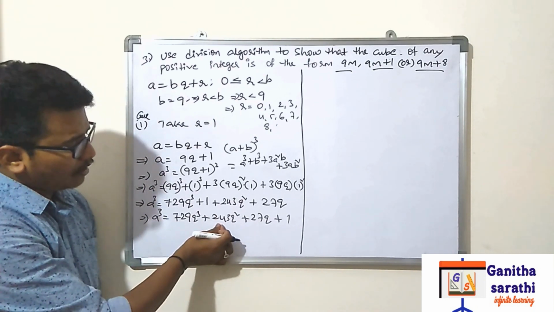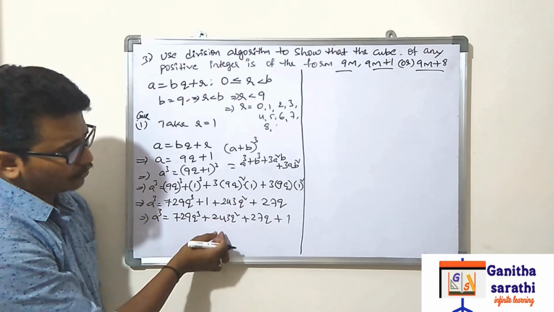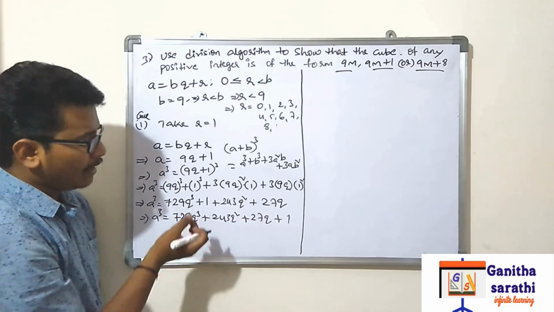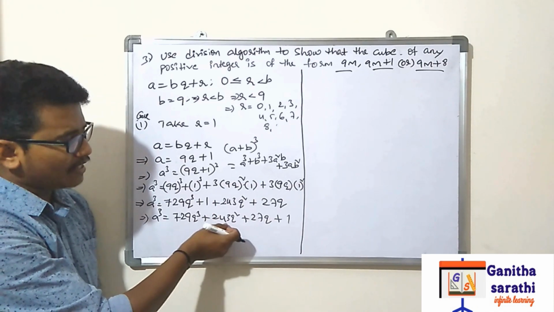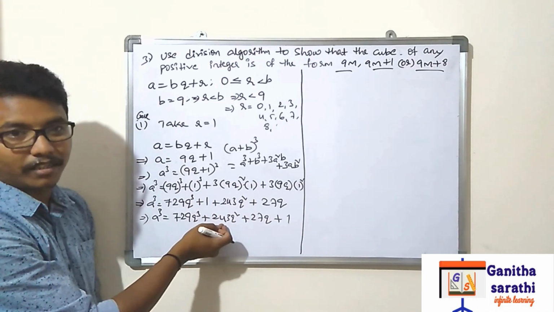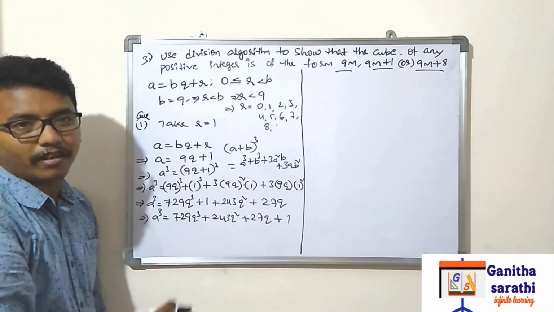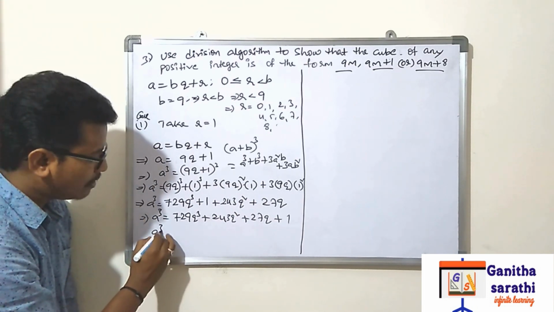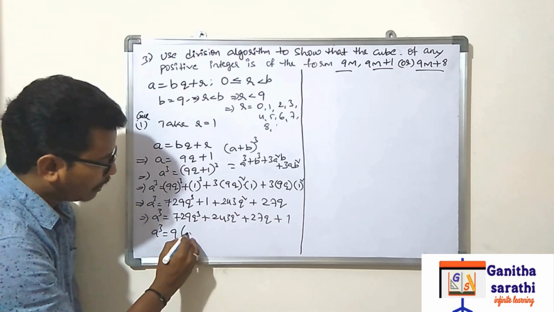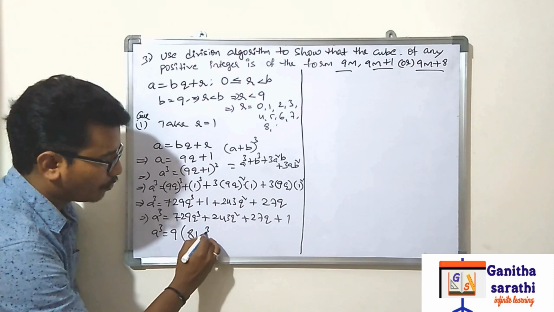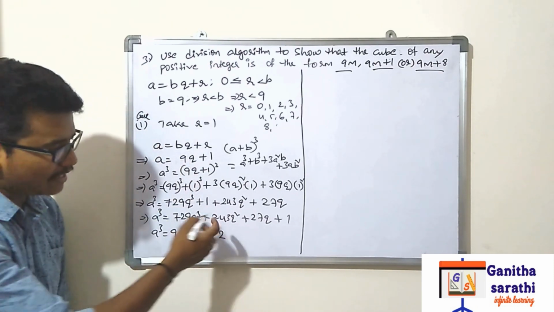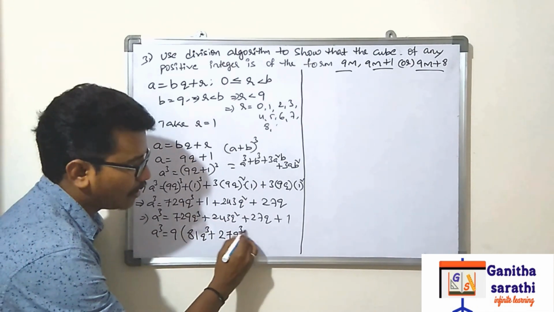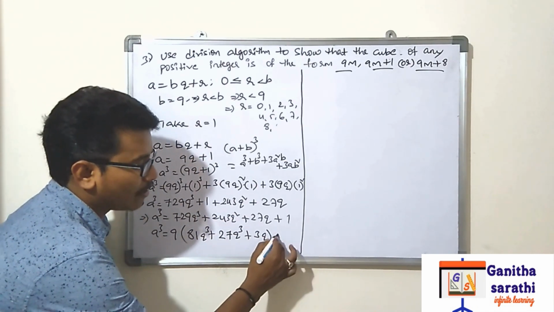We can divide 243 also: 9 2s are 18 and the balance is 63, 9 7s are 63. Next, 9 3s are 27. So a cube is equal to, taking 9 as common, 9 into 81 q cube plus 27 q square... wait, plus 9 into 3q, plus 1.